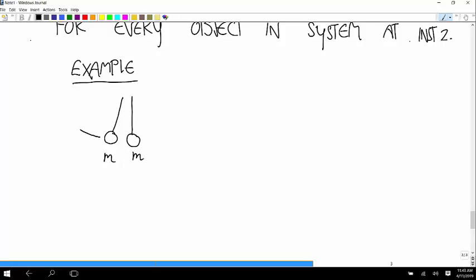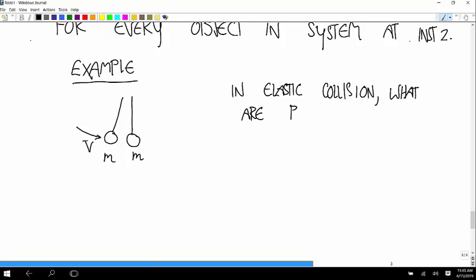And let's say this one's coming in with a speed, I'll call it v, and it collides with the other one. In a perfectly elastic collision, what are the balls' velocities immediately after the collision?